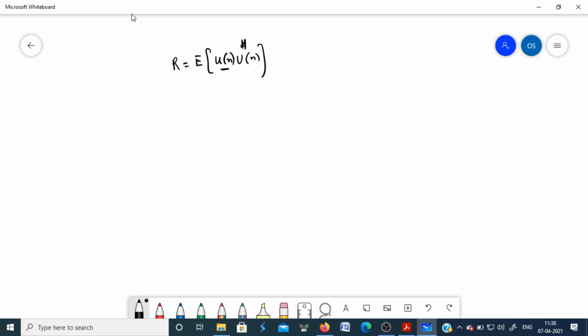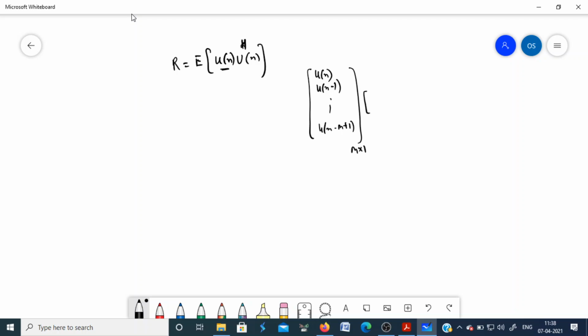Okay, and u(n) itself is a column vector. So u(n) is a column vector: u(n), u(n minus 1) up to u(n minus M plus 1), M samples of the input sequence. So this is an M cross 1 vector.